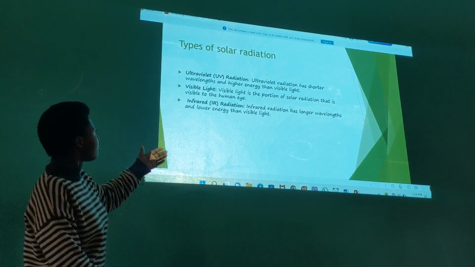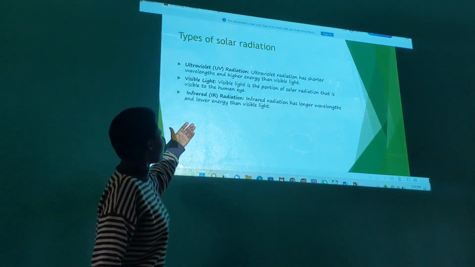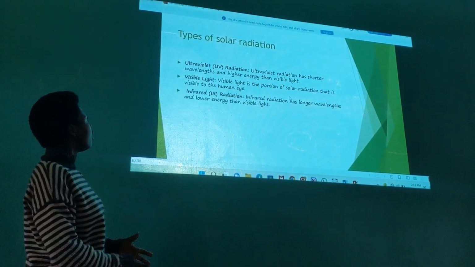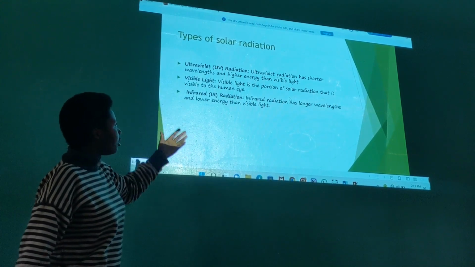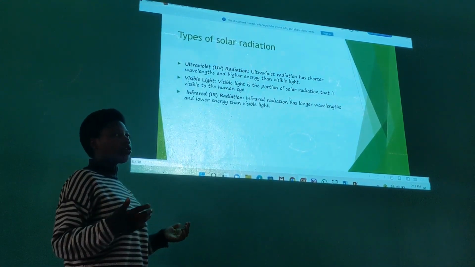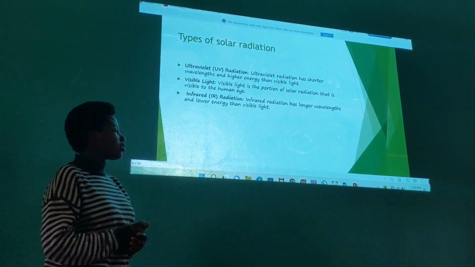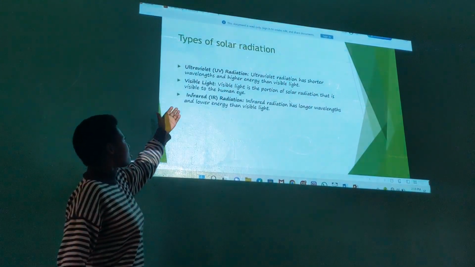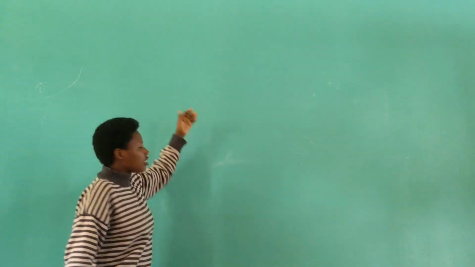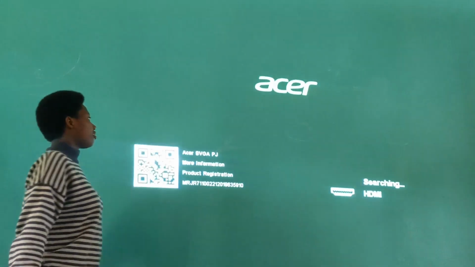It differs from visible light in wavelength and in energy. As we have seen with these types of solar radiation, they have a big role in our work on the earth. We must use this radiation in many activities.